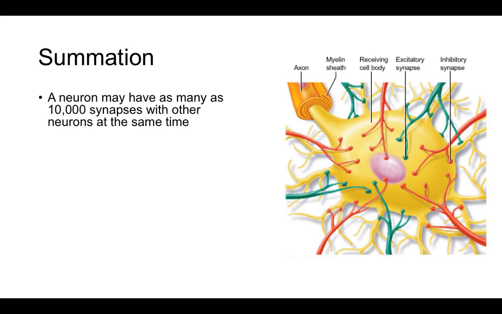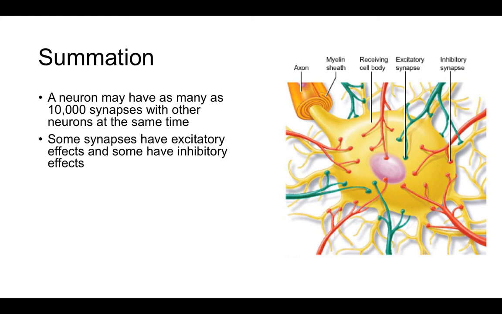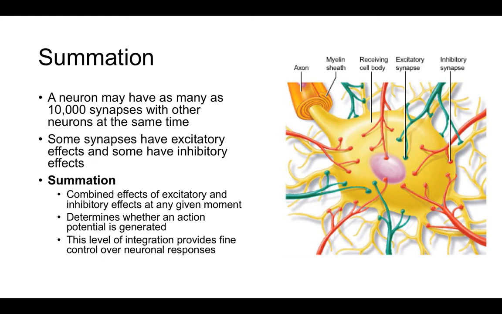Summation is what happens when a neuron has a number of different neurons attached to it, and this is very common. The reason we have this is so that we can have combined excitatory and inhibitory effects at any given moment. This allows for fine control over neuronal responses, as well as fine control of your organ systems.